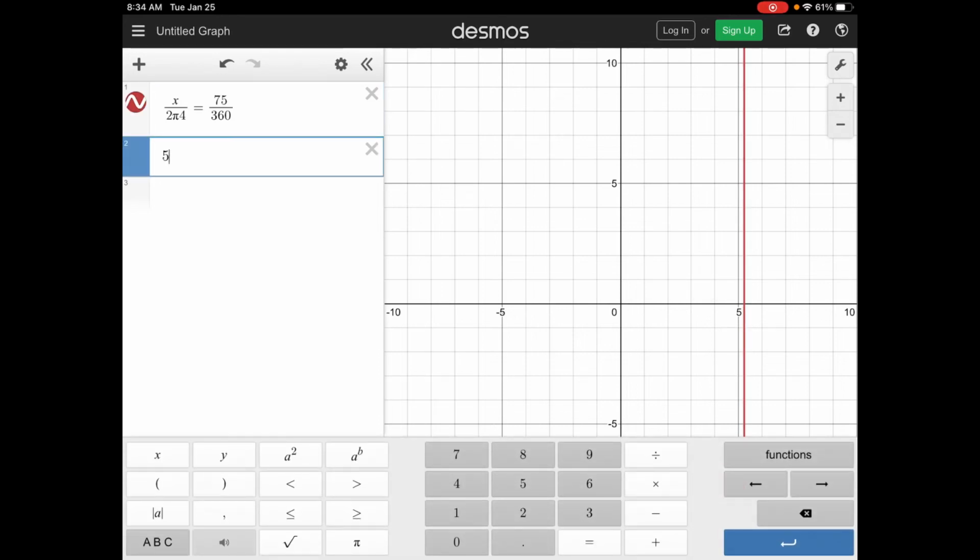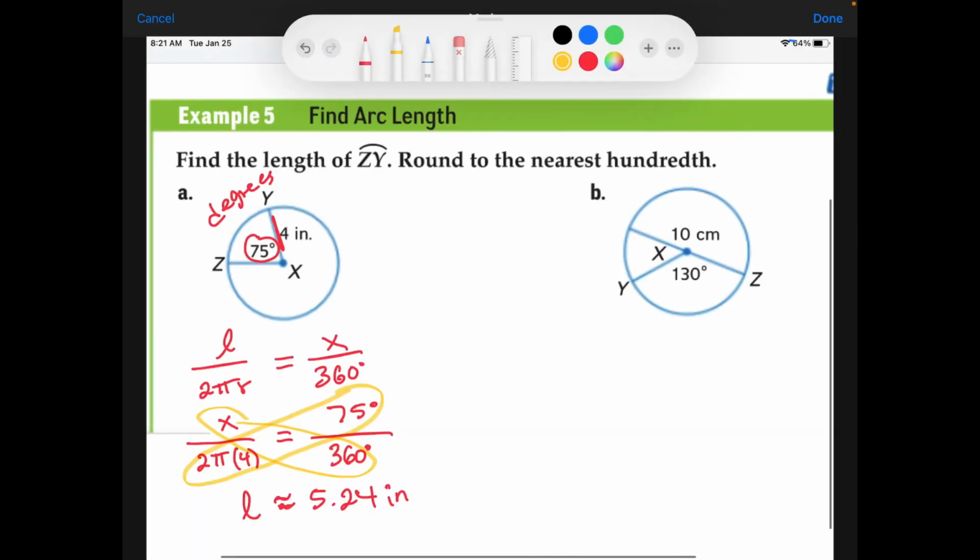So I'm going to write the 5 pi over 3 underneath here. 5 times pi divided by 3 will give me my decimal answer, which will be about 5.24, two numbers after the decimal for the hundredths place, and it's in inches because of the units. That's your answer.